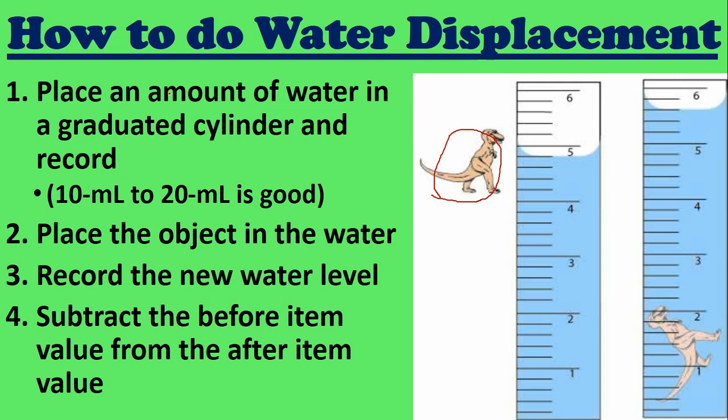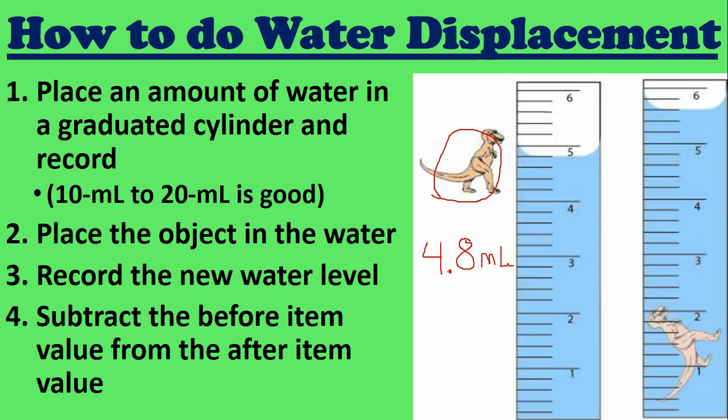You're going to place an amount of water in the graduated cylinder and record that amount. When doing this in a scientific lab and you know your object is not that big, use about 10 milliliters to 20 milliliters. Once you have your water in there, you need to record the amount. So here we have 4.2, 4.4, 4.6, 4.8 milliliters in there right now.